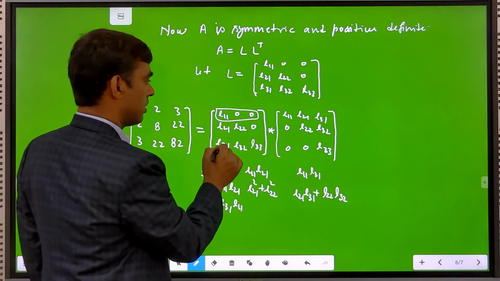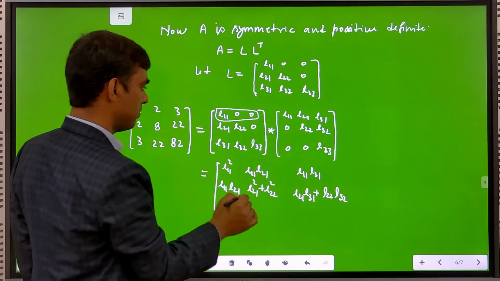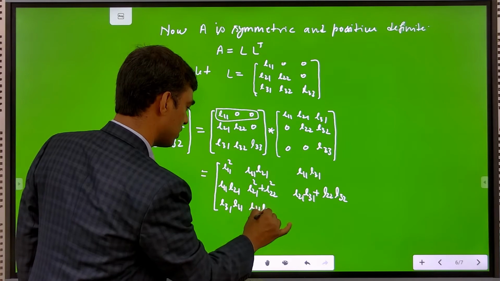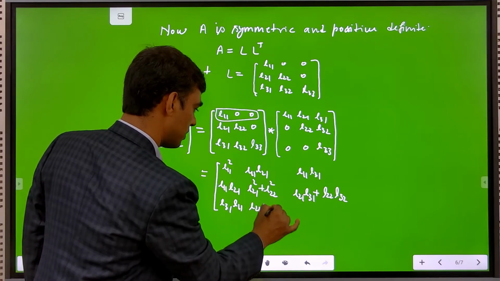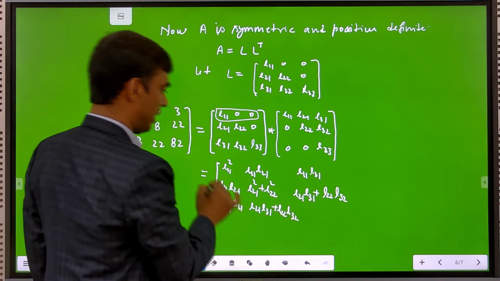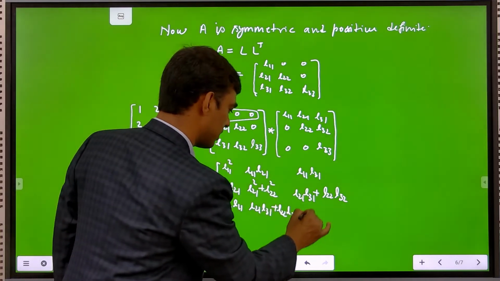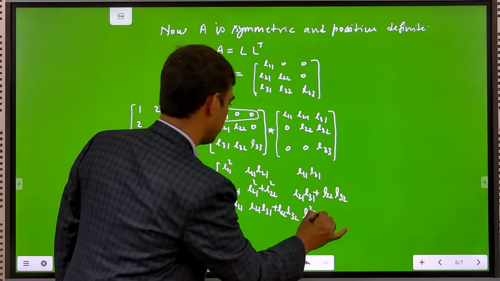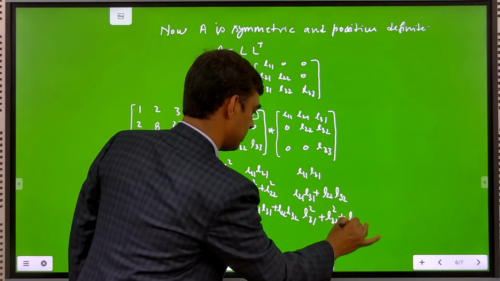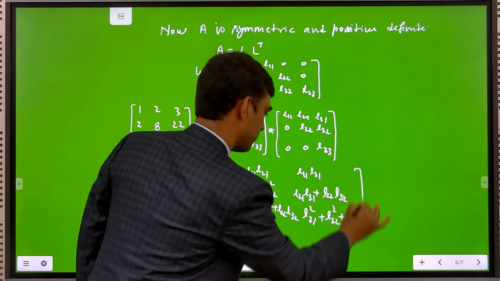Third row, second column: this becomes L21 L31 plus L22 L32. And third row, third column: this becomes L31 square plus L32 square plus L33 square.